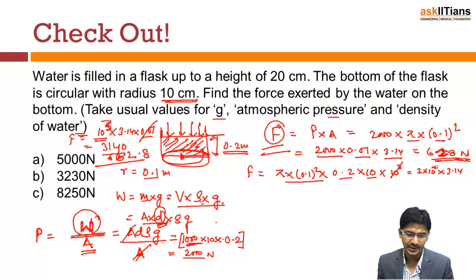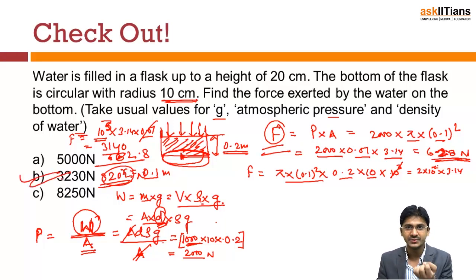The value that you get is actually 3202 Newton. So if you look at the values, the correct value appears to be 3202 Newton. What you had to do is consider not only the weight of the liquid but also the atmospheric pressure. So the total force is acting on the bottom of the flask.